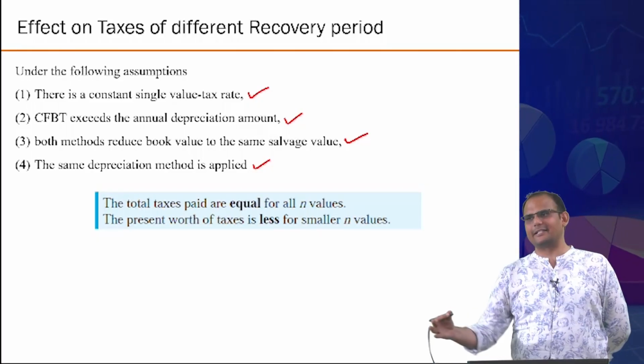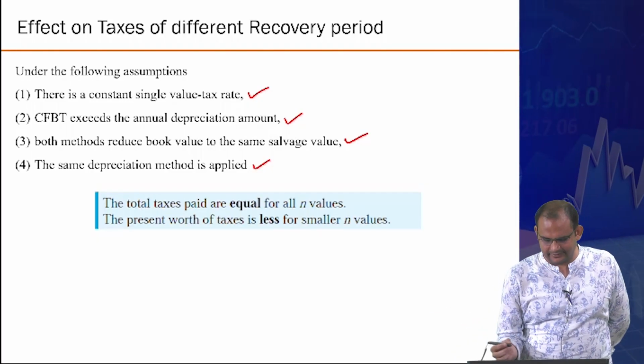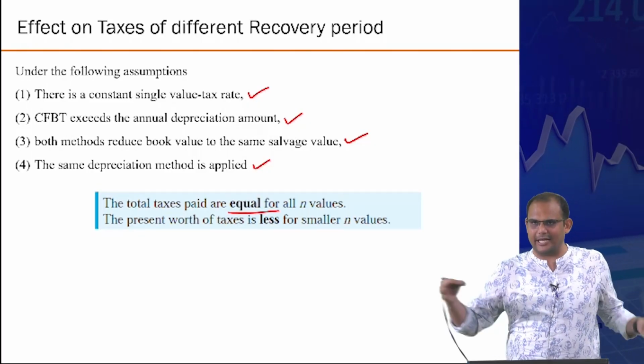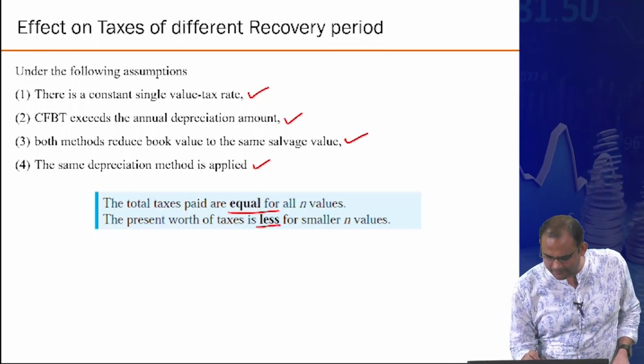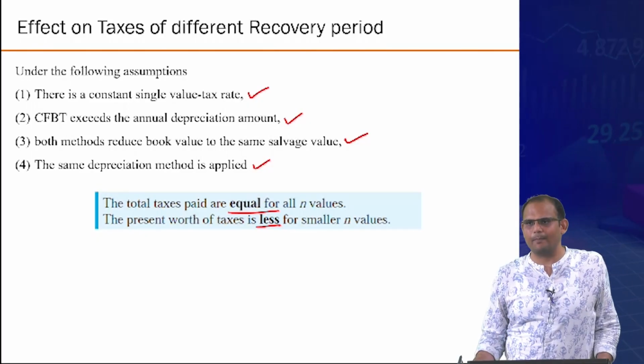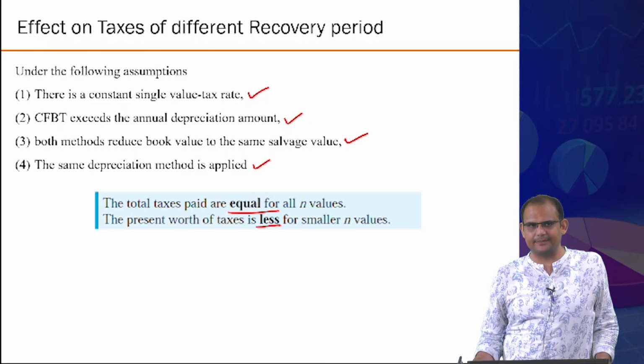With all these conditions, the total tax paid is equal for the entire life, but the present worth is smaller for the smaller tax life. Okay, make sense?